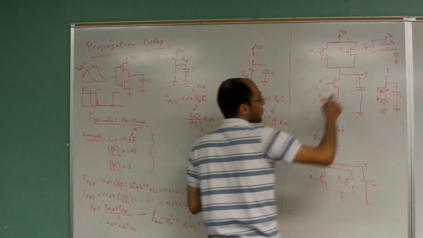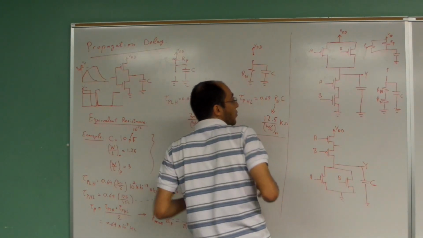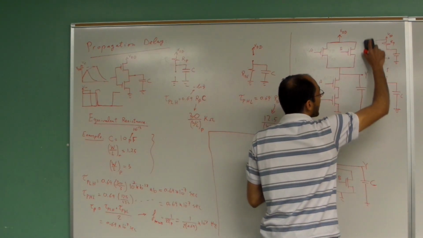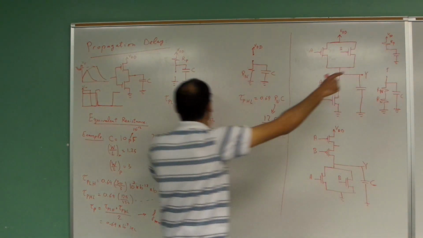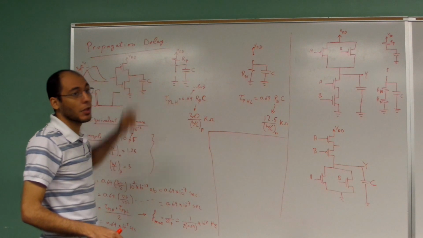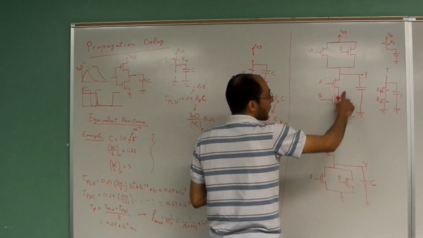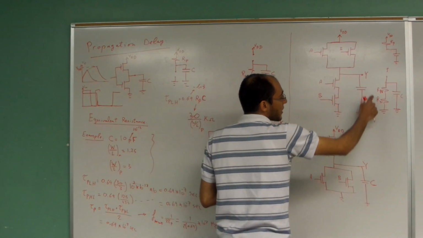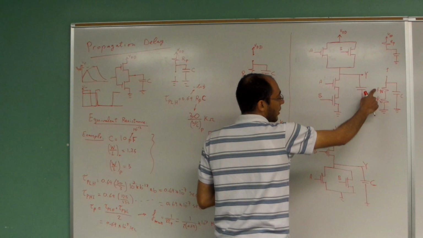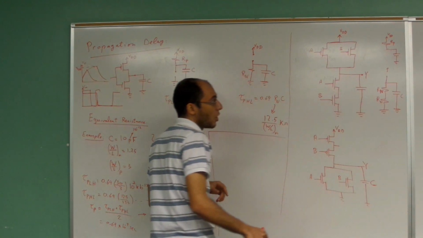But we want to take the worst case scenario. The worst case scenario is when just one of them only is on. And that's why the worst case scenario is the same as the NOT gate, right? But for the time from high to low, you expect to see an increase in the resistance. It is not just Rn, you need to multiply by twice Rn because we have two transistors. Why?